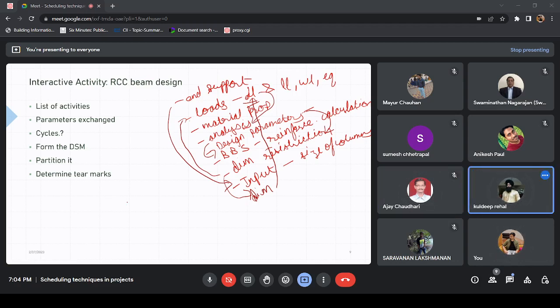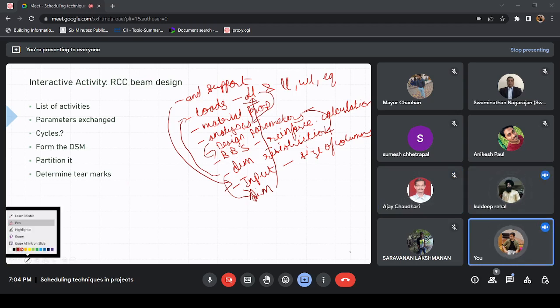Let's try to break it into broad categories so that we can see the activities and parameters happening.